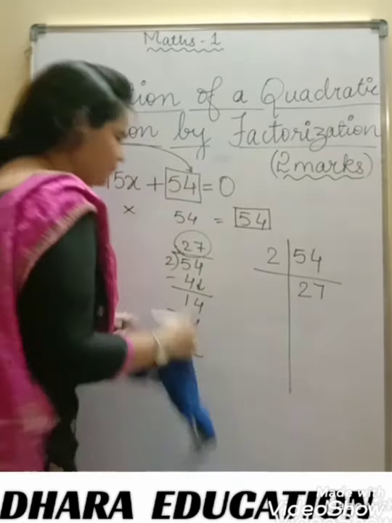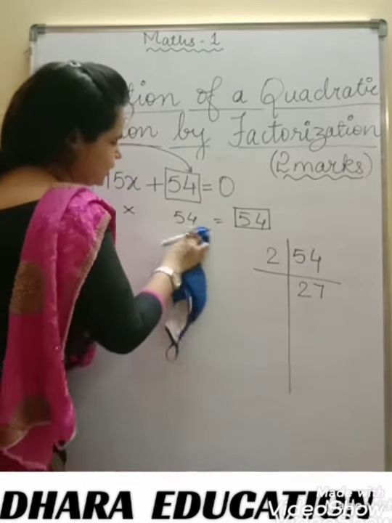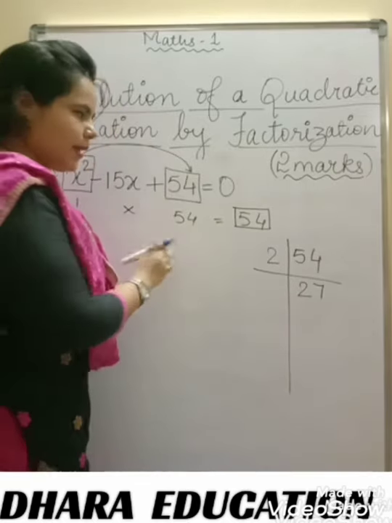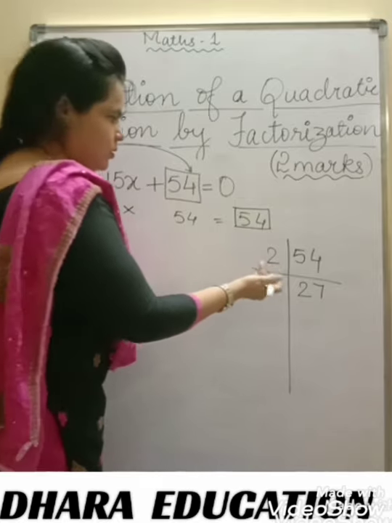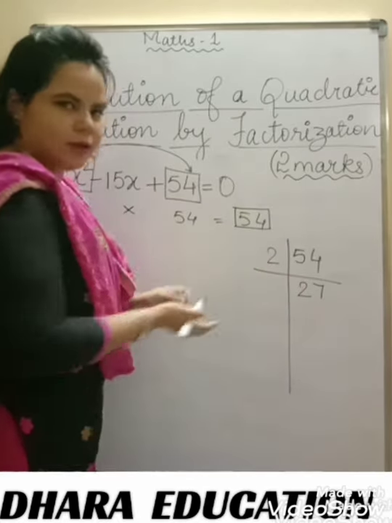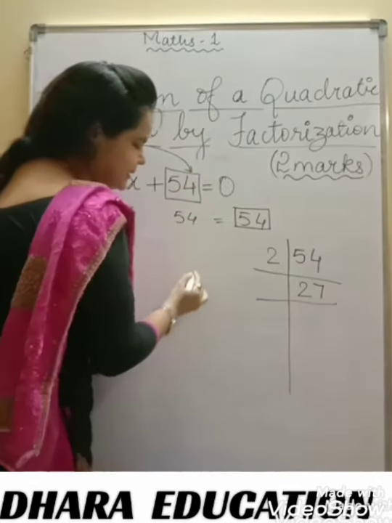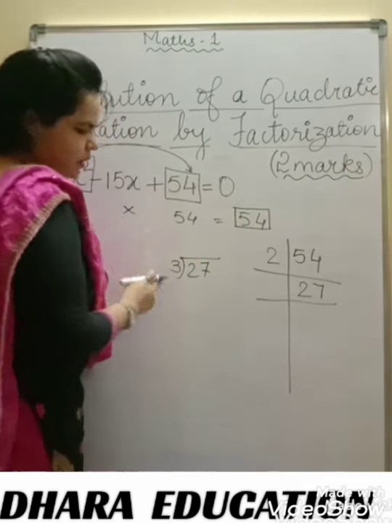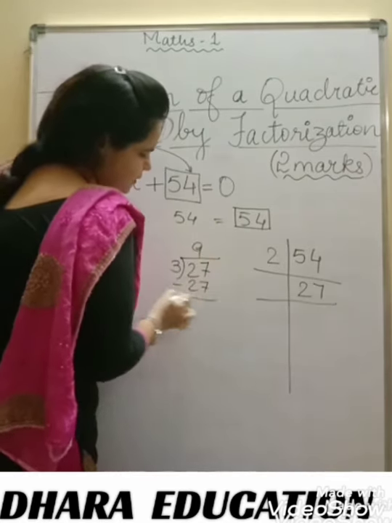I usually suggest to my students, if you don't understand this, you can divide it by each and every factor, and you can just write and complete this table. Then 27 is going to come in the 3 table. 3 9s are 27.